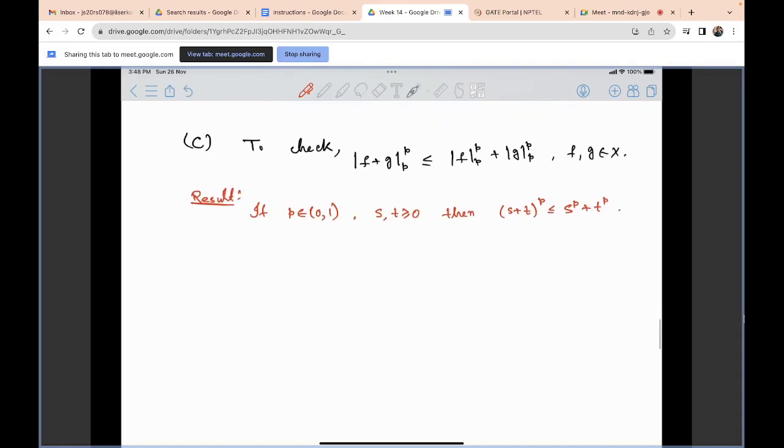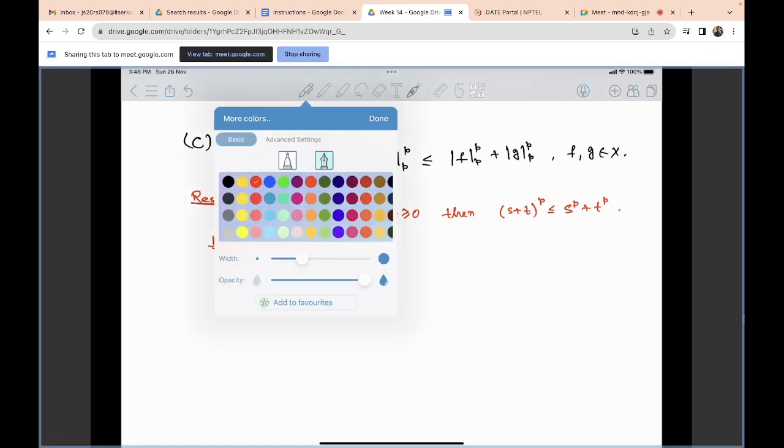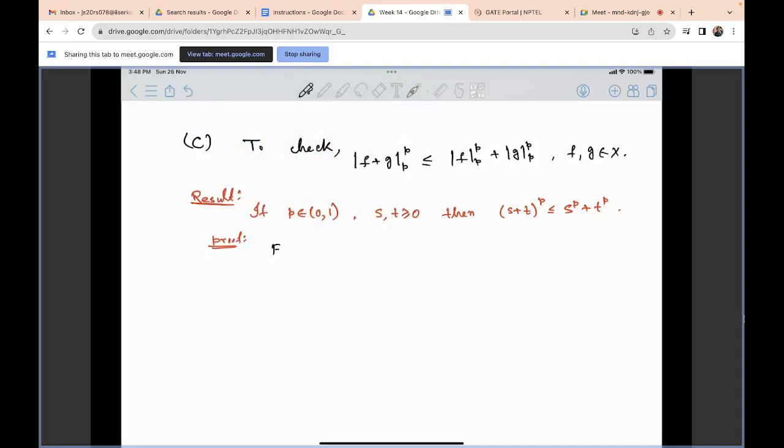So this proof is easy. How to prove this one? Fix s positive. Then f is a function from [0, infinity) to R, viewed as a function of t.